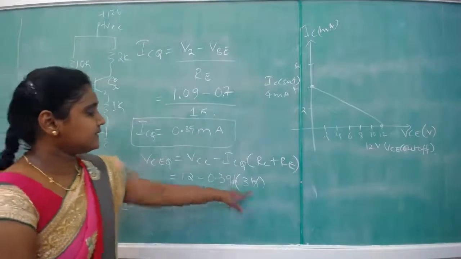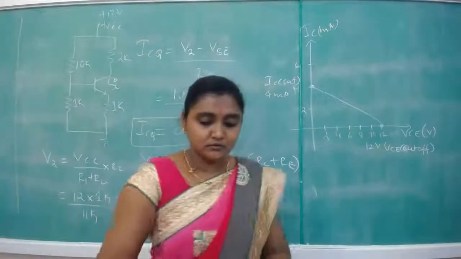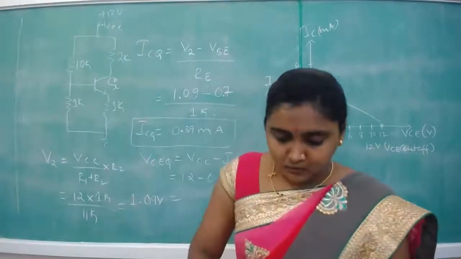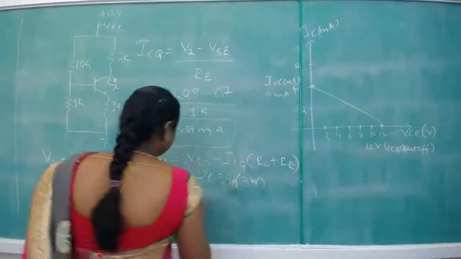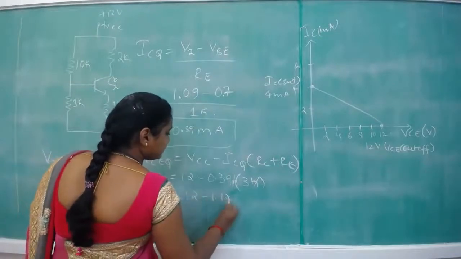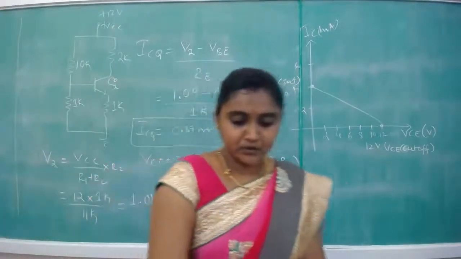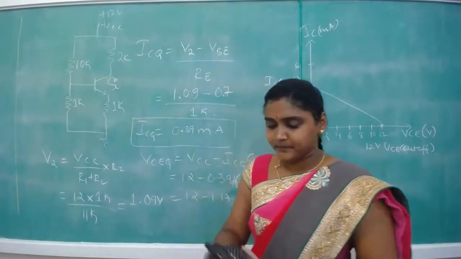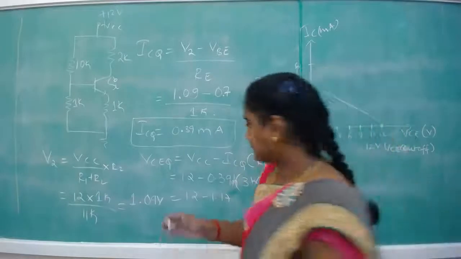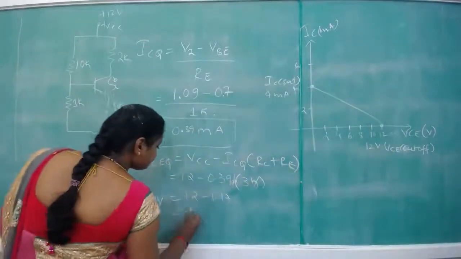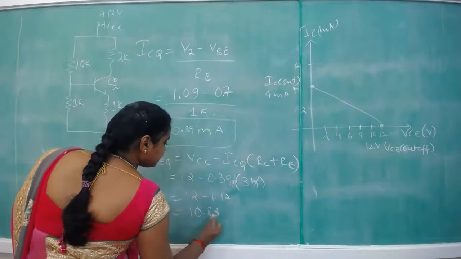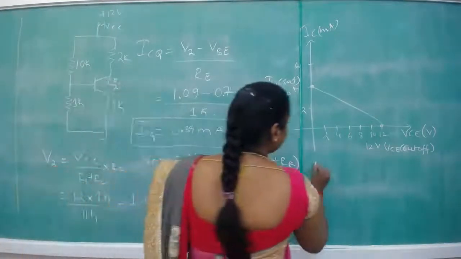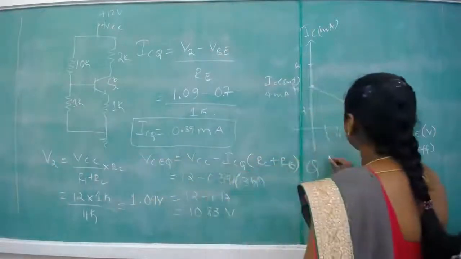So now 0.39 into 3, 1.17. 12 minus 1.17 will be 10.83. 10.83 volts.